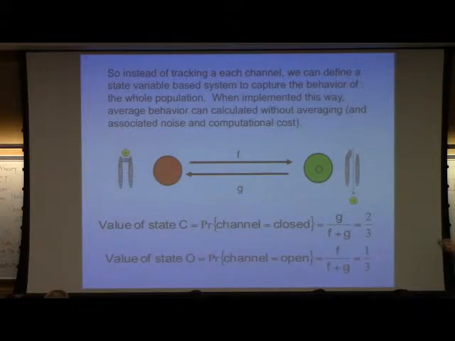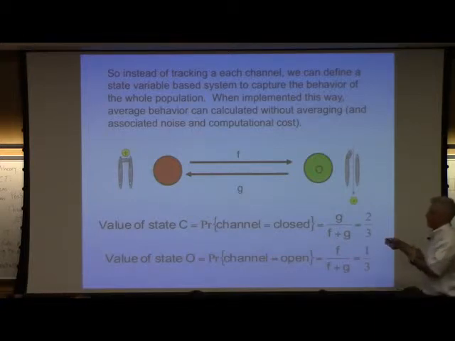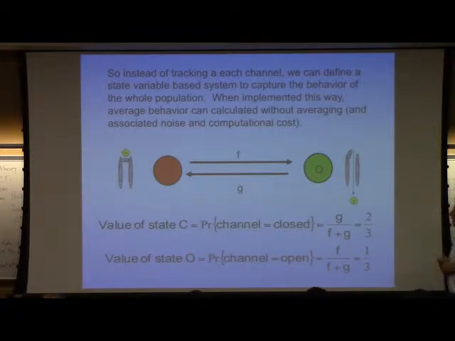One way you could solve this was to instantiate all these channels, run it and measure it, and that's something we'll talk about later. But a much easier way is to figure out this probability, which is really the limit, as you have an infinite number of channels, of how many will be open and how many will be closed.